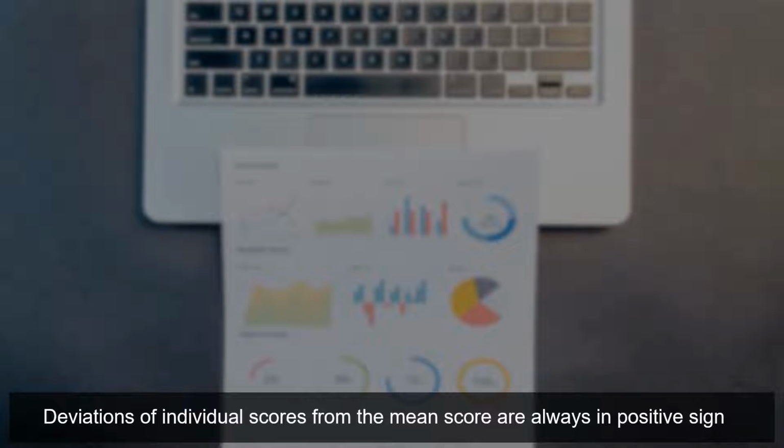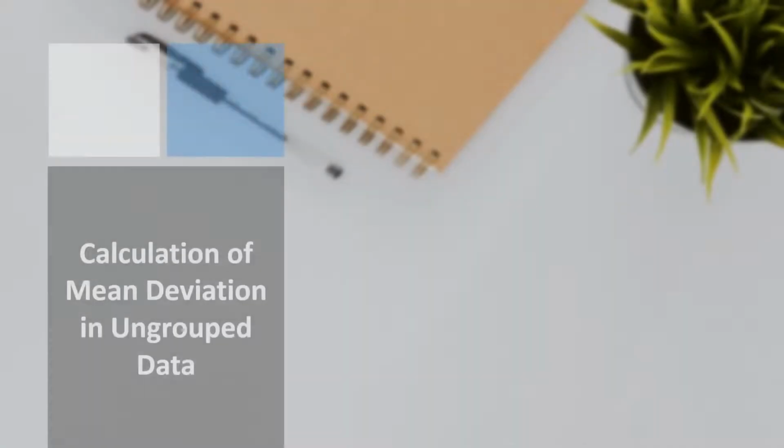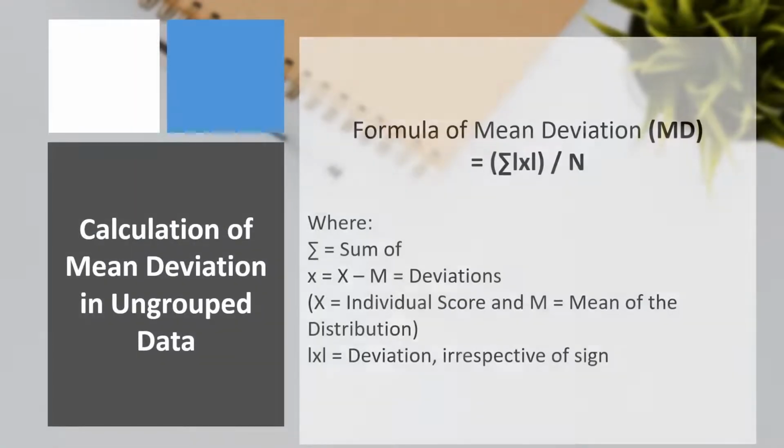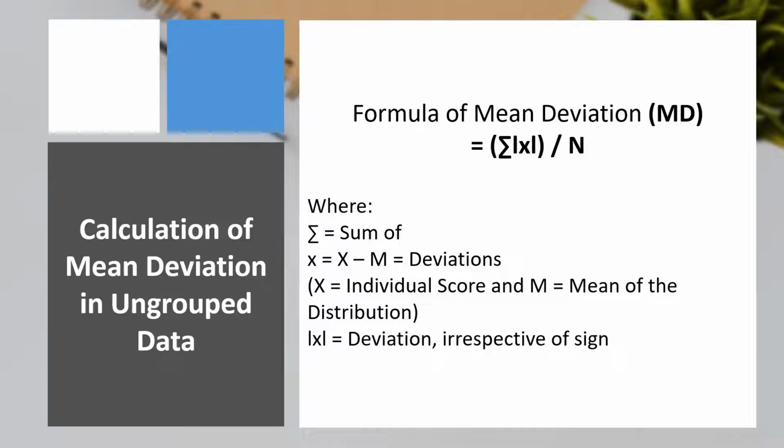Deviation of the first individual score from the mean, deviation of the second individual score from the mean. So first will be D1, deviation 1, second will be deviation 2. So accordingly you can calculate the deviations. Then after calculating the deviations, you can take the mean of those deviations. So that will be the mean deviation.